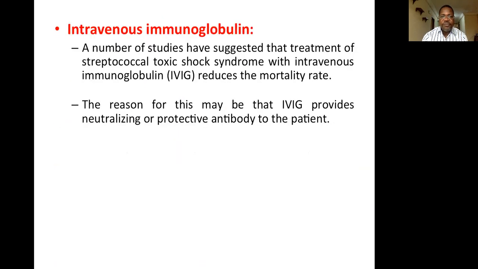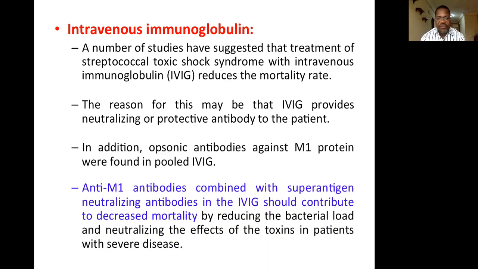In addition to antibiotics, you need to give intravenous immunoglobulin. The reason for this may be that immunoglobulin provides a neutralizing or protective antibody effect to the patient.